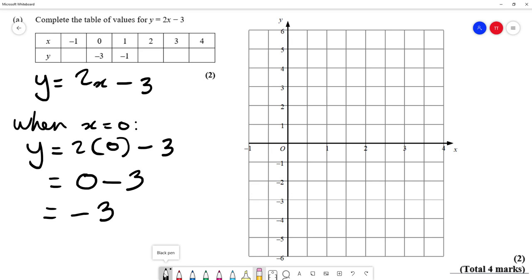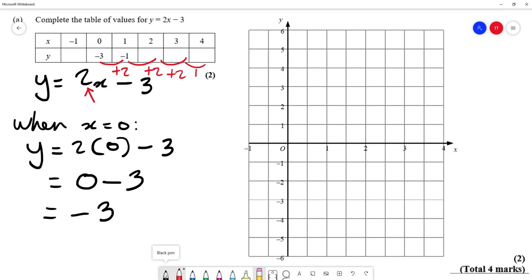But where do we look to find the other values? Well, I'm going to show you a small trick. What we're going to do is use this value in front of x, which is positive 2, and we're going to add that value on. So we do plus 2 for all the values.